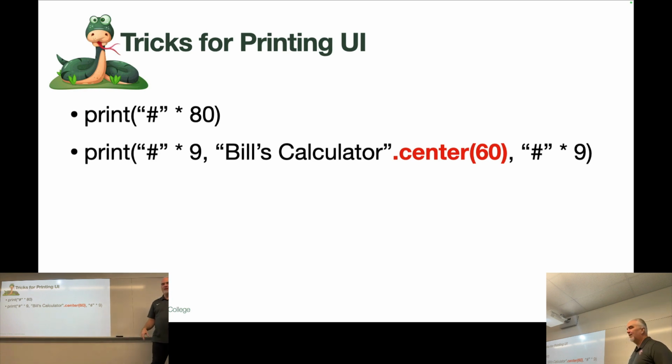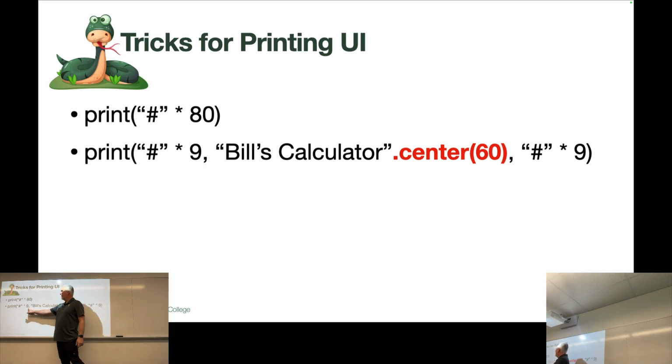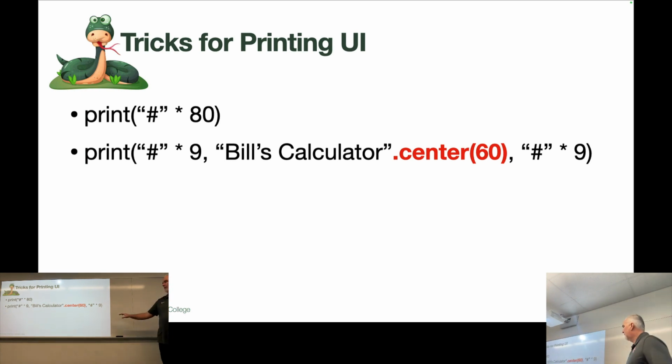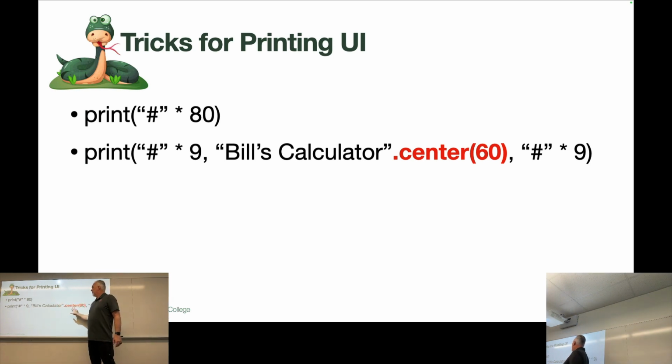Look carefully at what I'm doing here. The spaces come because I'm putting multiple arguments in my print statement. And what that does is these produce a space. So I'm just cheating a little bit. But the cool thing about this center is that if I wanted to do this the old-fashioned way, I would figure out how many spaces are in this string.